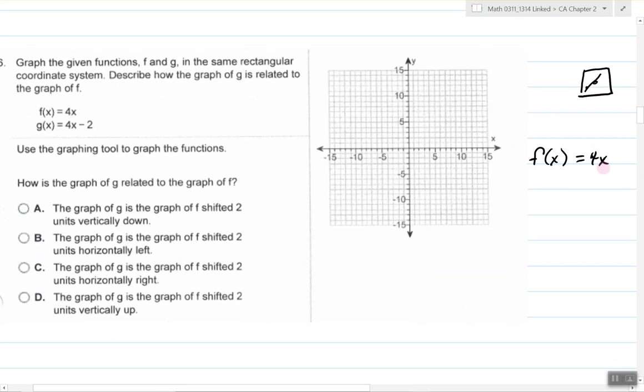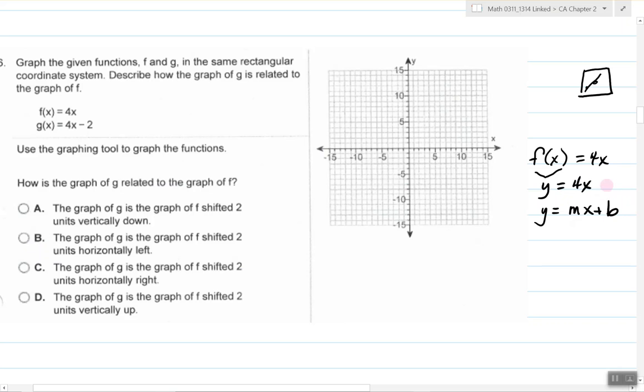So I'm going to hopefully remind you of something. Remember that f of x is the same thing as y. So this is y equals 4x. I'd like to think of y equals mx plus b, the slope-intercept form of the equation of a line. In my problem, 4 is in the place of m.